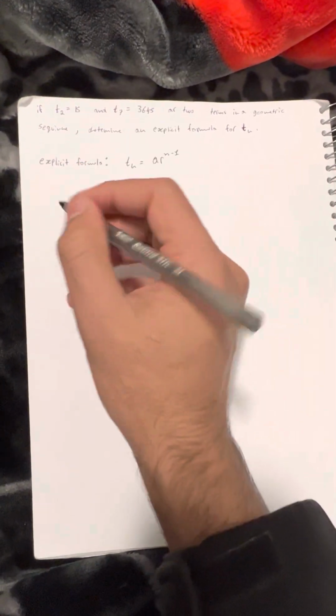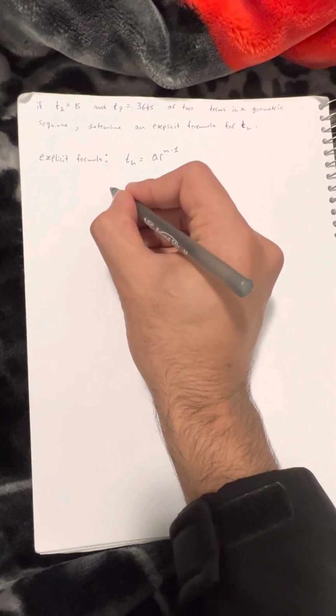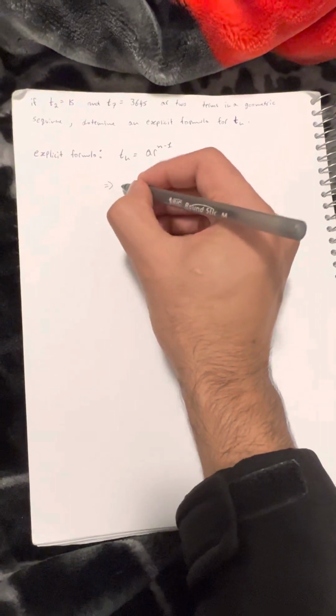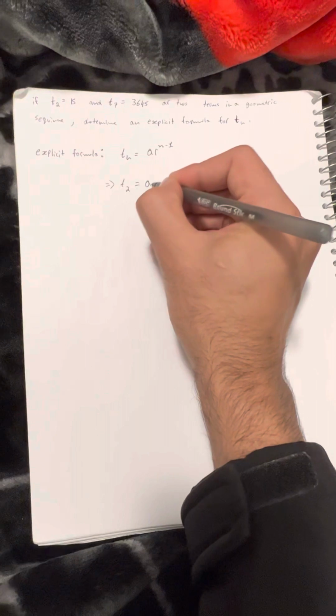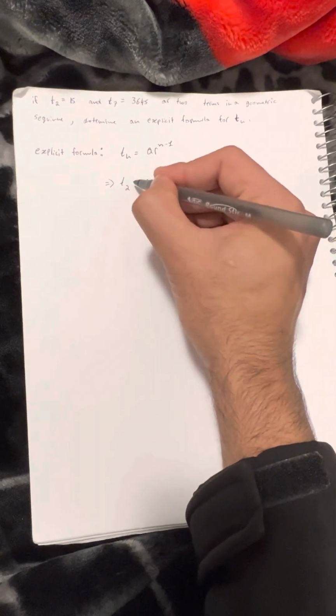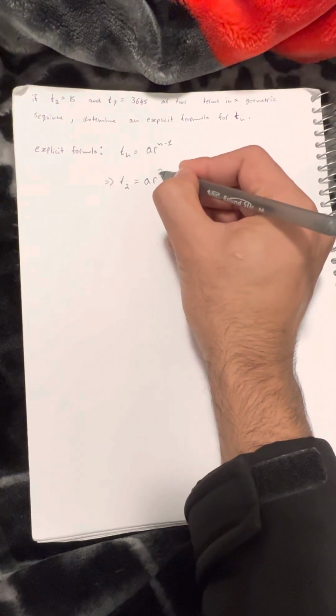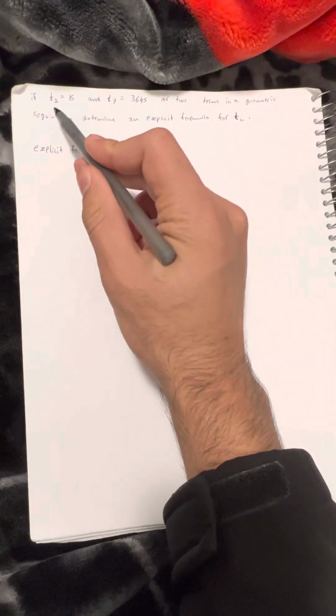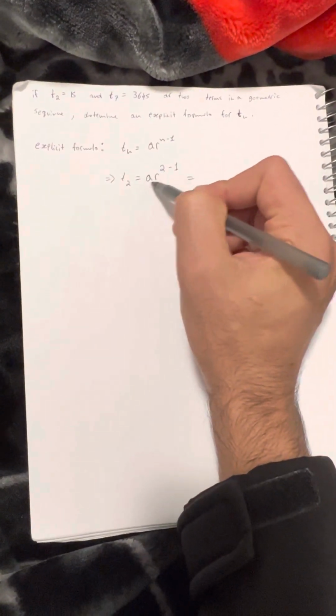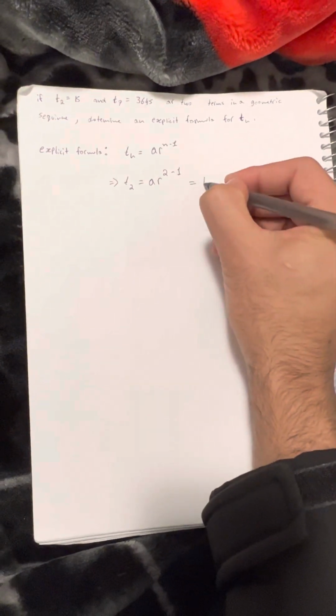Since we're given T2 and T7, the subscript is the n that goes in these two places. So T2 is AR to the power of 2 minus 1, and since they already gave us that T2 equals 15, this entire thing has to equal 15.